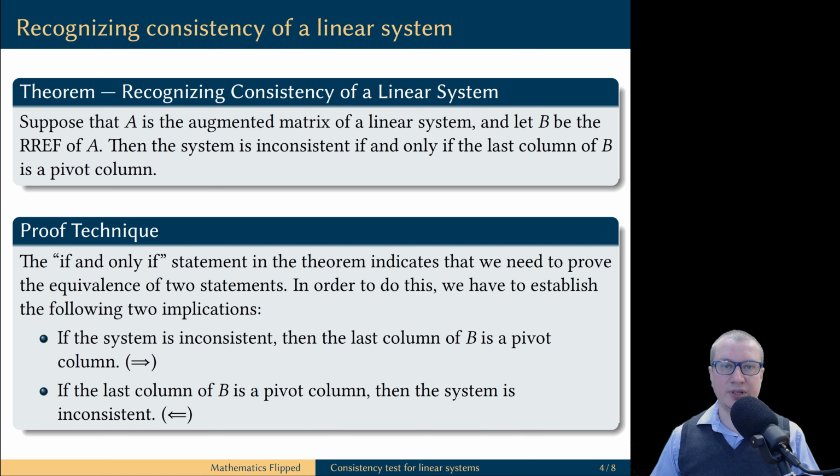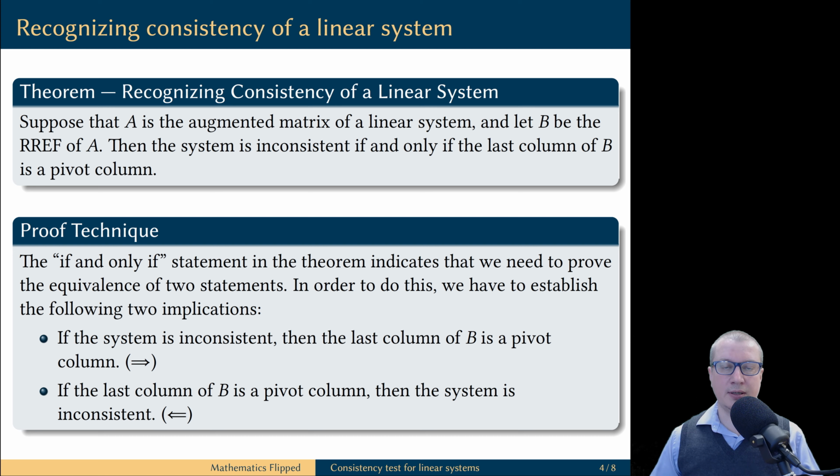In order to prove that these two statements are equivalent, we need to prove that each statement implies the other. Effectively, when you see an "if and only if" statement in a theorem, it means you're lucky to stumble upon a buy one get one free deal. This is because there are actually two separate statements for us to prove.